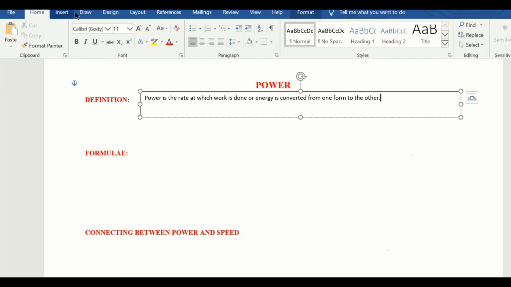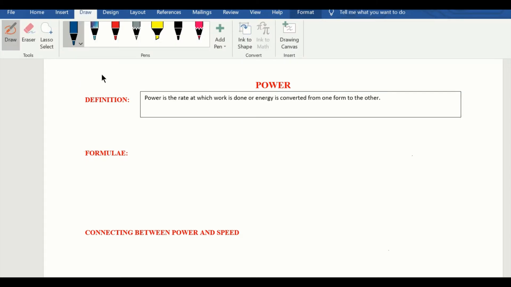The formula for power is: power is equal to the work done over the time taken. Also, power can be equal to the energy over the time taken.